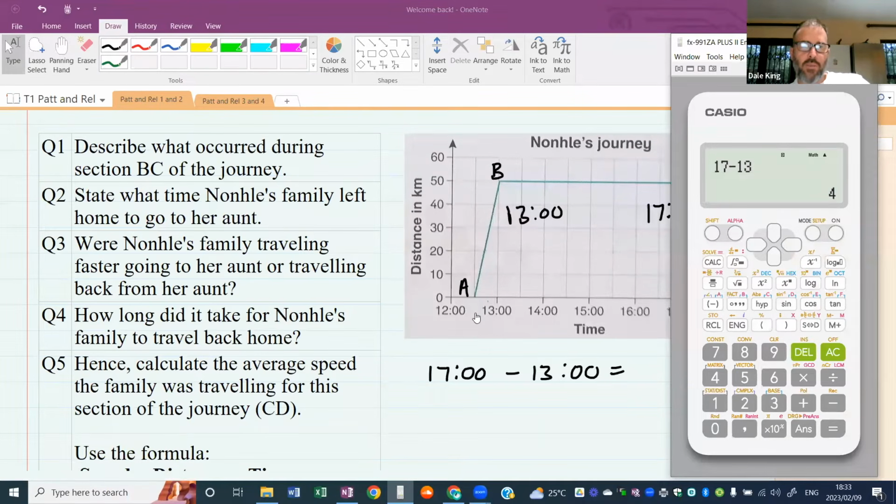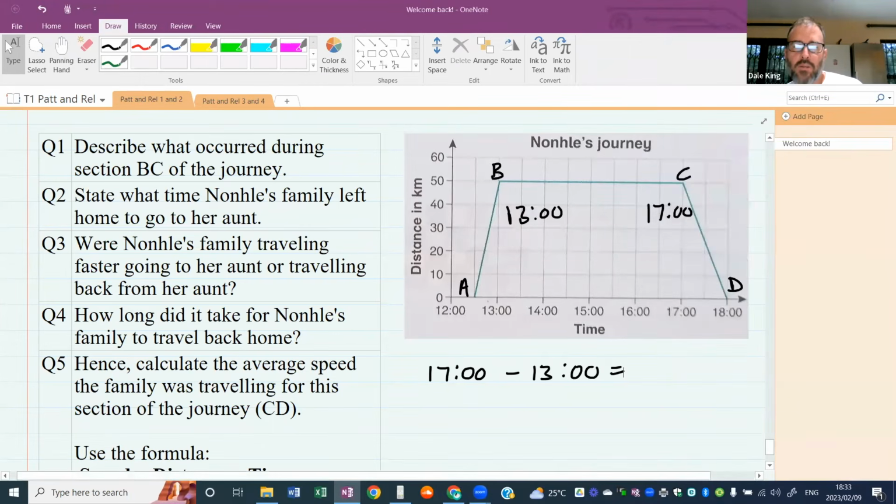People hit us with the 5s first and then the 4s at the back. Okay, so to confirm the answer, we have to find the difference by calculation. We subtract them and we get 4 hours.